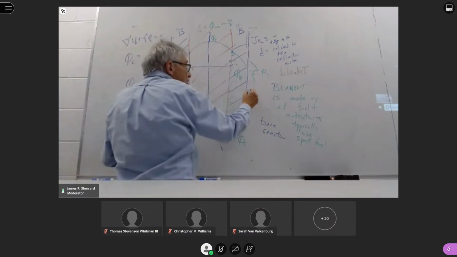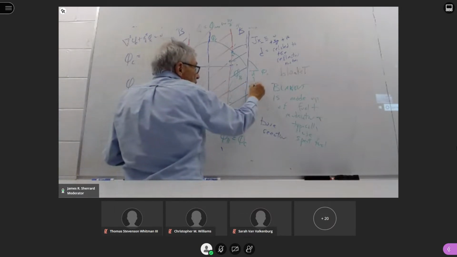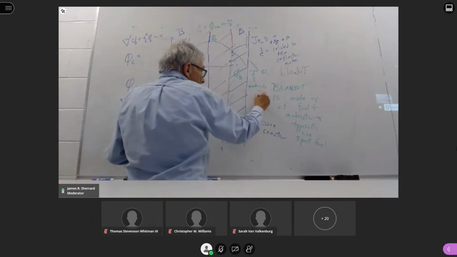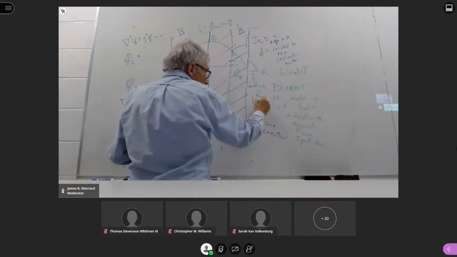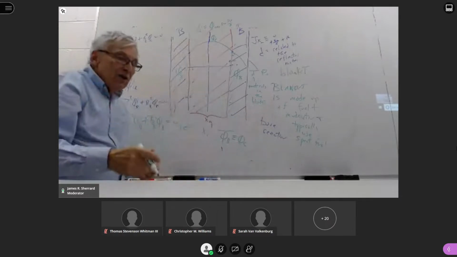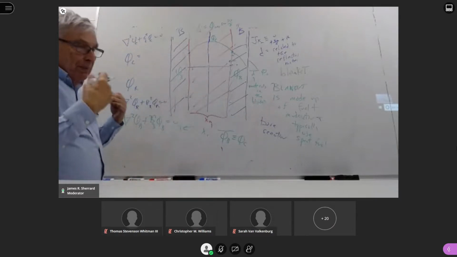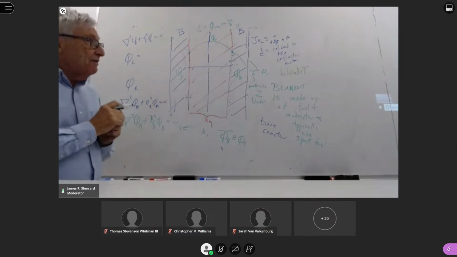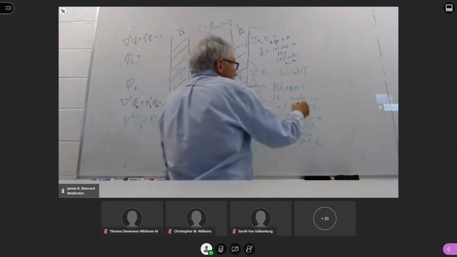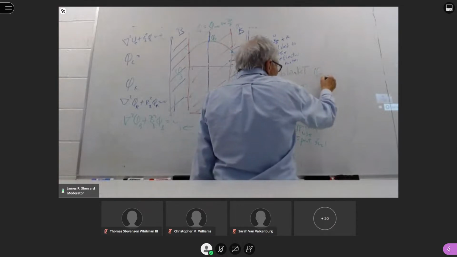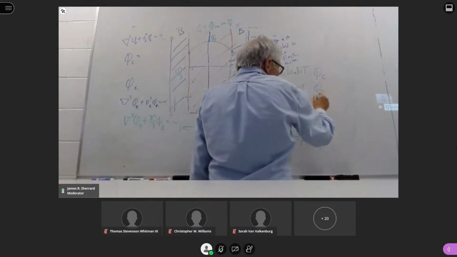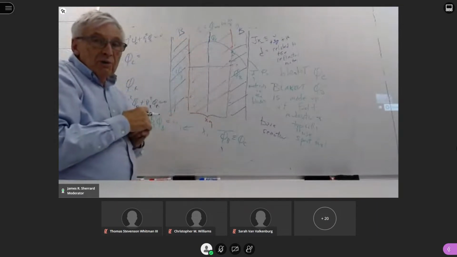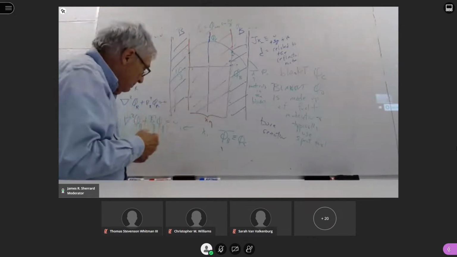This little d is a function of materials in the blanket. And then we go back and use the same boundary and initial conditions to solve everything. And again, you're going to have a set of two simultaneous equations. You're going to have the flux in the core, and you're going to have the flux in the blanket. And you can solve those simultaneously to see what's going on within your system.